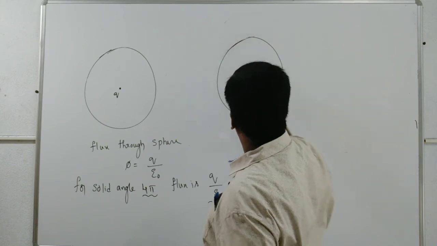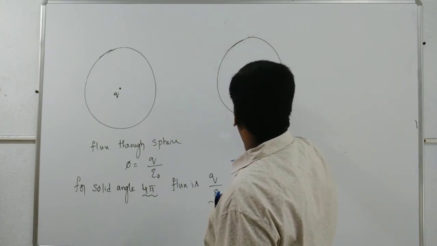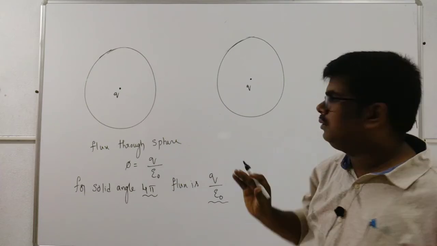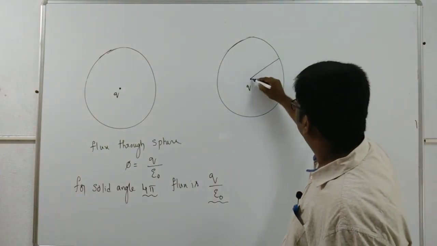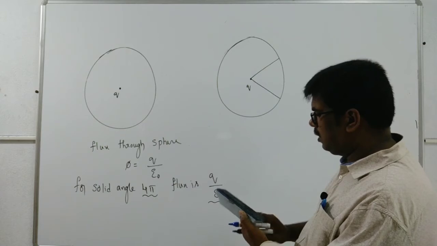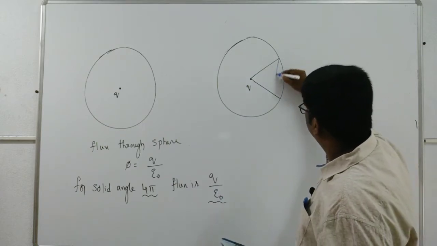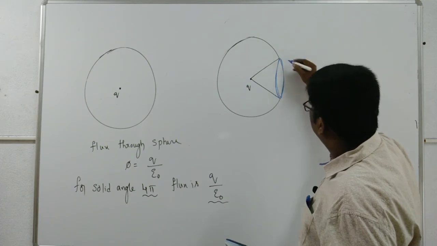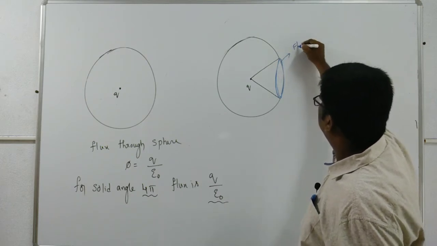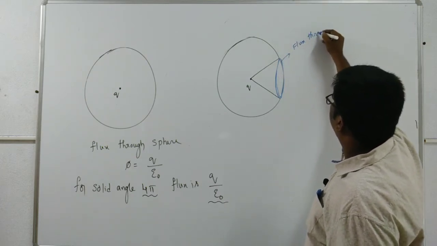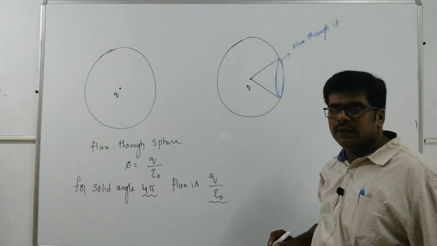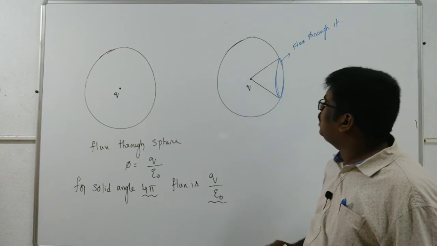Now I am locating the charge at Q. I want the flux through this particular part only.